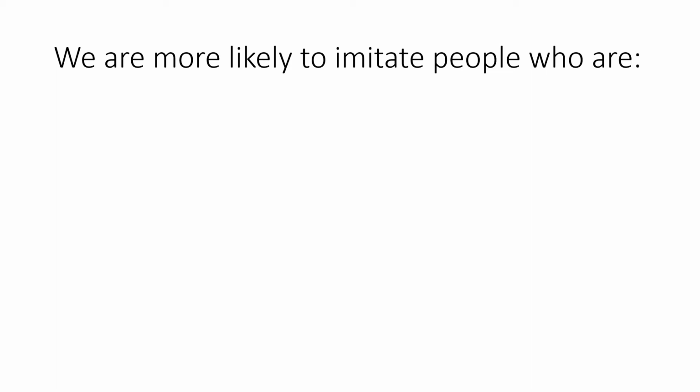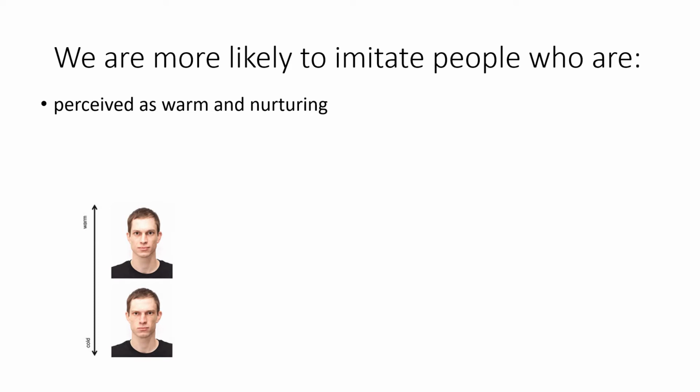So we are more likely to imitate people who are perceived as warm and nurturing. And so the image here is just of the same person, but the photo's digitally enhanced to make them appear colder, less caring, versus warmer. They're more willing to listen and be on your side and be sympathetic.